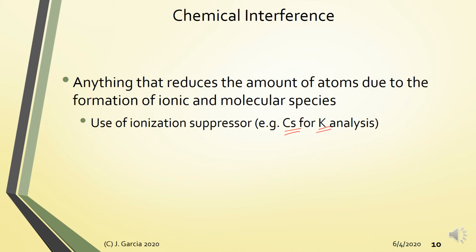Because cesium has a lower ionization energy compared to potassium, if you remember your periodic trends. Meaning, cesium will get ionized first before potassium. So you are sacrificing cesium here, so that you can prevent the ionization of potassium.